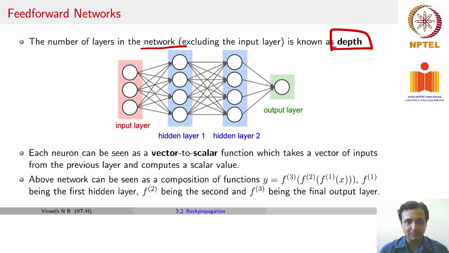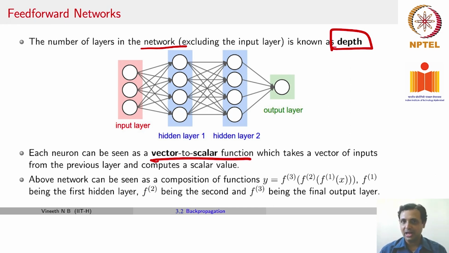Remember, even a single perceptron is a vector to scalar function because it has n different dimensions of x as input and gave us one output. Each neuron is similar to a perceptron in that sense. And when you have multiple layers stacked one after the other in a neural network, you could look at the entire network as being a composition of several functions.